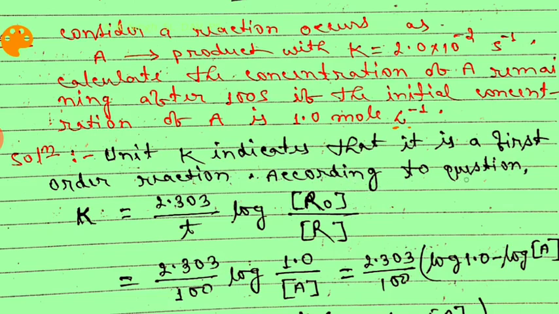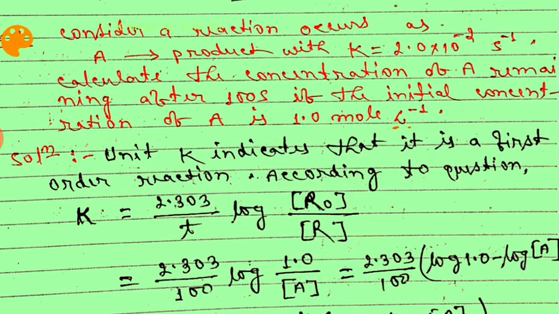Now according to the question, K is equal to 2.303 by T log concentration of R naught by R. It is equal to 2.303 by 100 log 1.0 by concentration of A. It will be written 2.303 by 100 log 1.0 minus log A, because it is in the form of A by B. Log A by B is equal to log A minus log B.